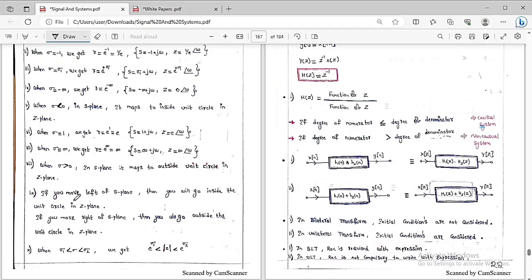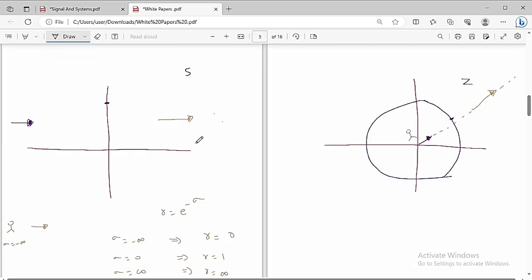So now the next thing is, if you move left of the S plane, then you will go inside the unit circle in the Z plane. If you move right of the S plane, then you will go outside the unit circle in the Z plane. Suppose if I stand here, and if I move in this direction, then I will go inside the unit circle. Suppose if I move in this direction, then I will move outside the unit circle.